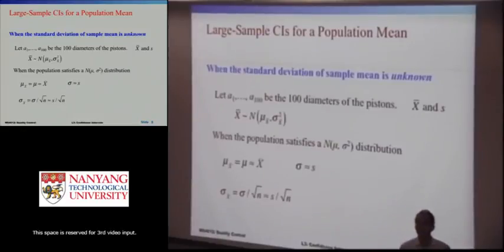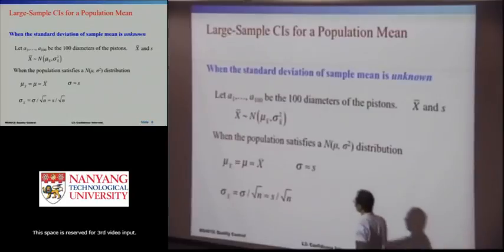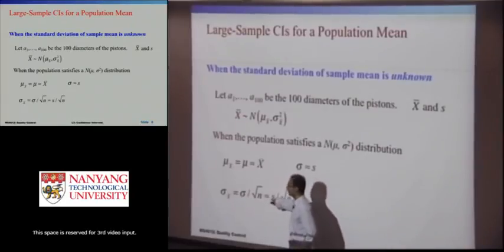If we know the value of sigma x bar, we get it directly. If we don't know, we need to make this approximation. The approximation is not sigma x bar equals s. It is sigma x equals s. Okay? We can see sigma x bar approximately equals s divided by the square root of n.